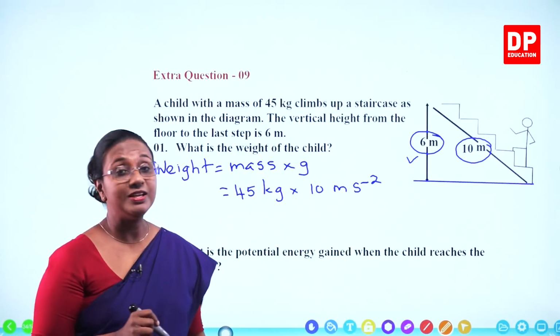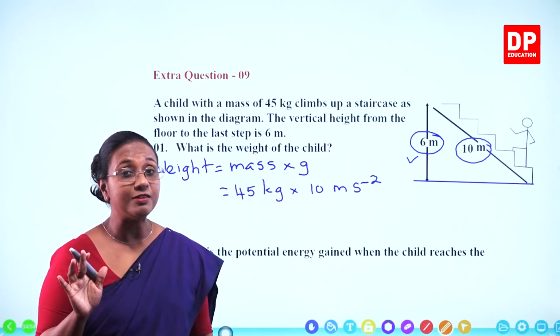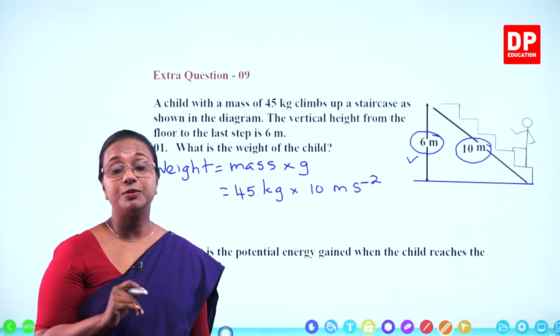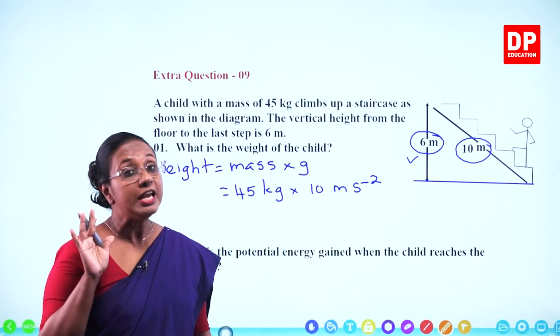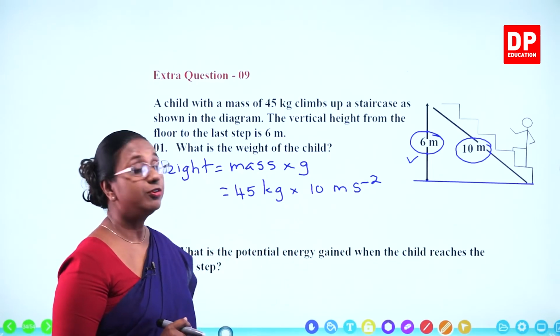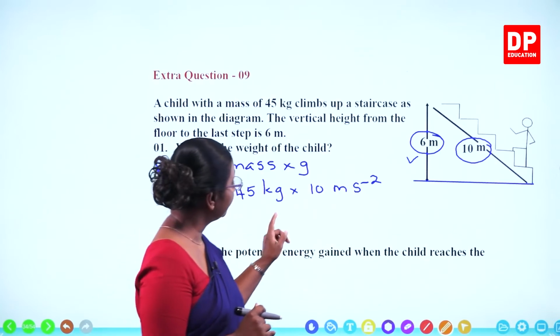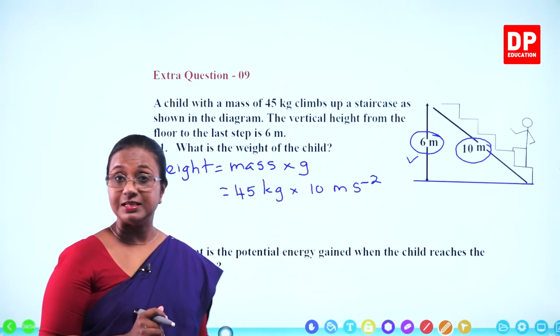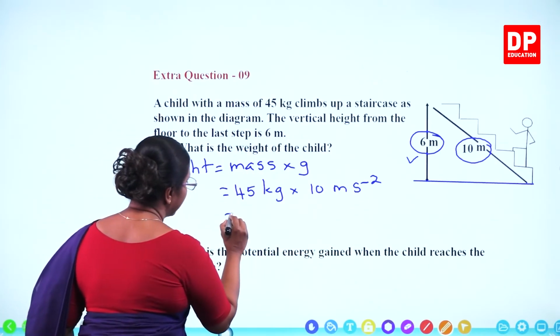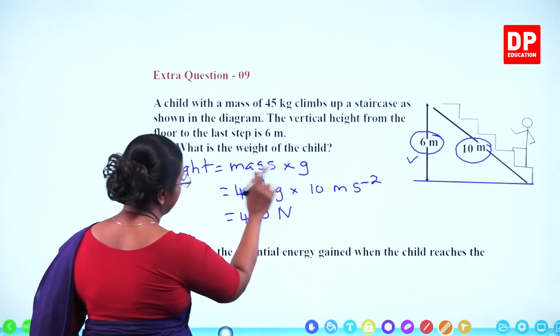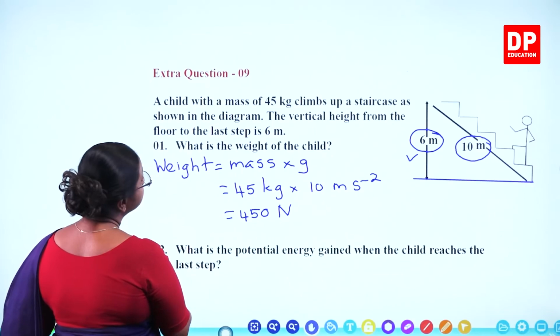Even though they don't give it in the question, you all have to know that value, students. Normally in the paper also, at the beginning of the paper, they might give you the value. If not also, you have to remember the value for gravitational acceleration. For calculations, we take 10 meters per second squared. So that is going to be 450 Newton. That is the weight of the child.